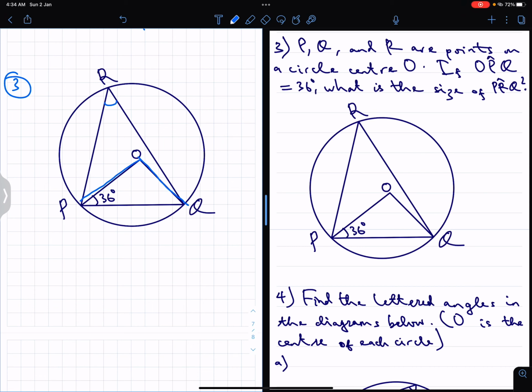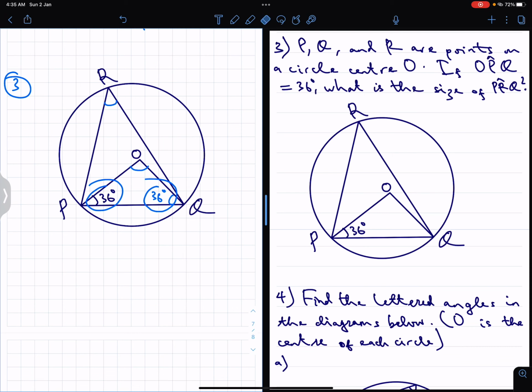OP and OQ are radii. That means triangle OPQ is an isosceles triangle, and it means this will also be 36 degrees. Now if OQP is also 36 degrees, we know that 36 plus 36 plus this angle is 180 degrees.